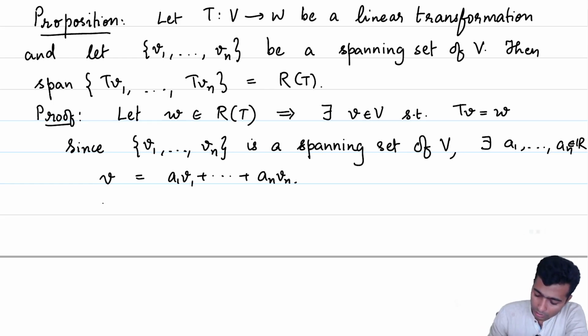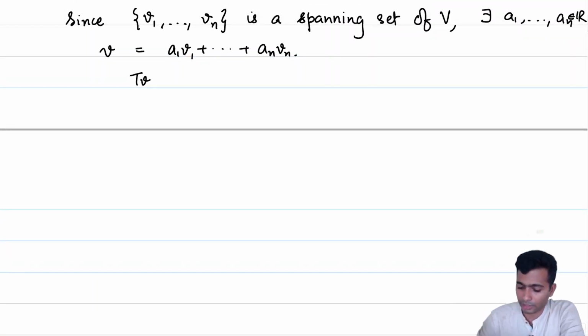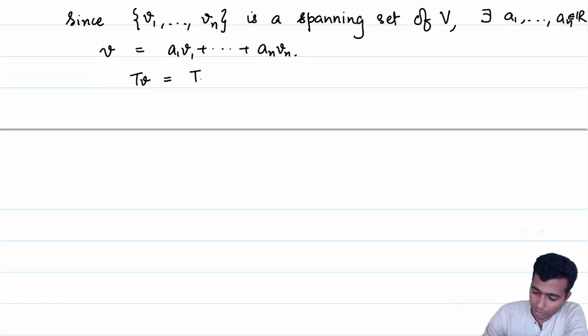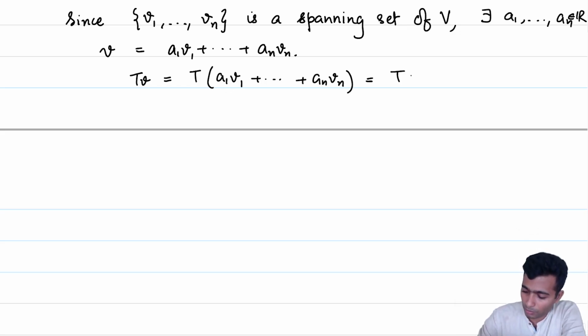Now consider T of V. What do we know about T? T is a linear transformation. So T of V, which is T of a1 V1 plus up to an Vn, by using an induction argument, is equal to a1 TV1 plus a2 TV2 plus up to an TVn. We have already discussed this once in the proof of the dimension theorem.